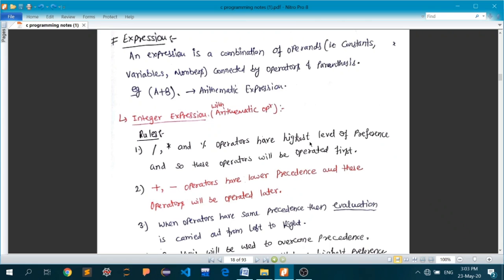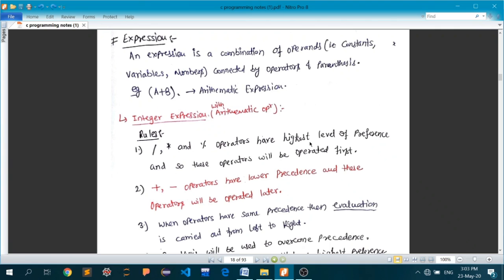Operands are the values on which you are trying to apply some formula. For example, variables A and B are the operands, and you want to add the values inside those two variables.